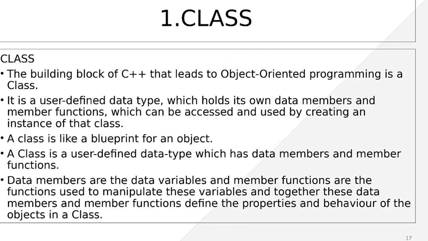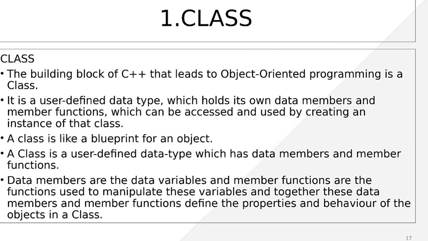Right? What are classes and what are objects? I think we have discussed a lot about it. Let me read the theory part of it. What is a class? It is a building block of C++ that leads to object-oriented programming. Class is a user-defined data type which holds its own data members and functions.